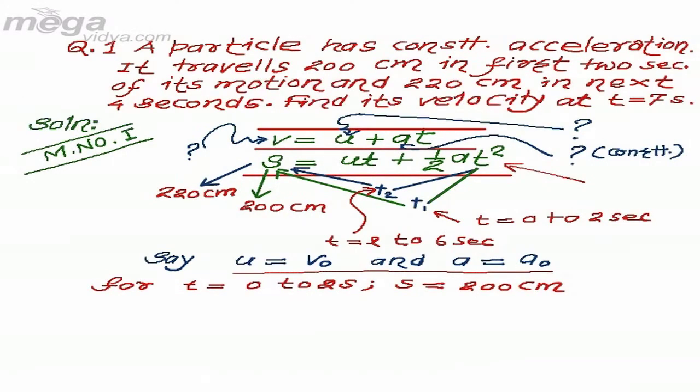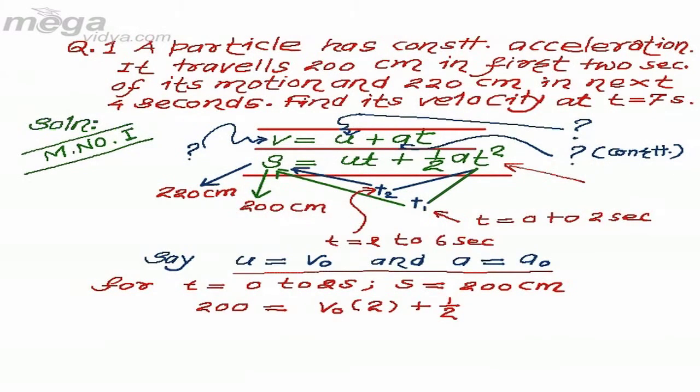Using these values I can write 200, which is the displacement s, equal to u, the initial velocity which we have assumed to be v0, into the time interval from 0 to 2 seconds, so the total interval is 2 seconds, plus half.